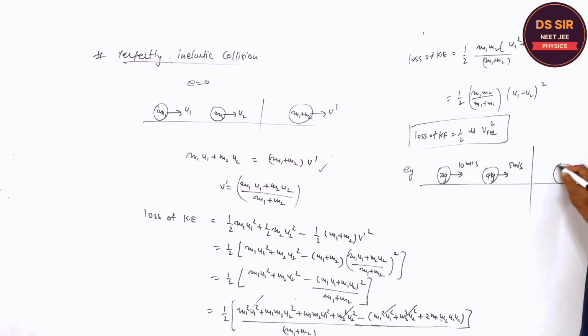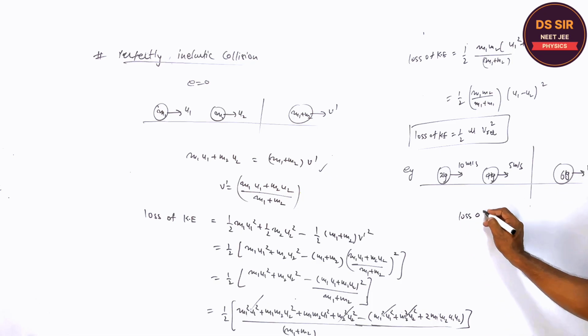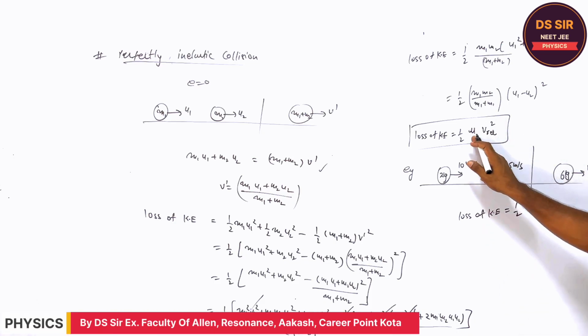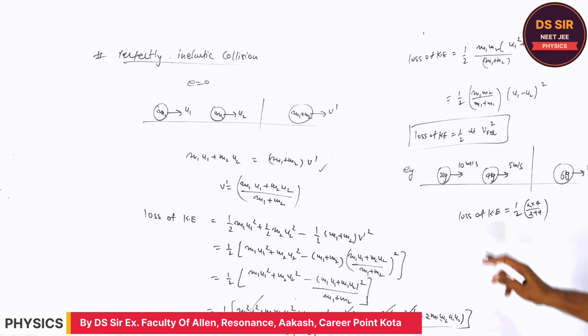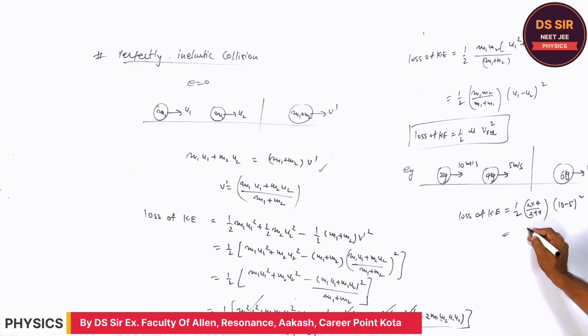So after collision, they become 6 kg moving with some common velocity, and the loss of kinetic energy is equal to what? Say half mu, that is 2 into 4 upon 2 plus 4. And what is the relative velocity? 10 minus 5, because they are moving in the same direction. So 2 upon 3, right, into 5 square in joule is the loss of kinetic energy.